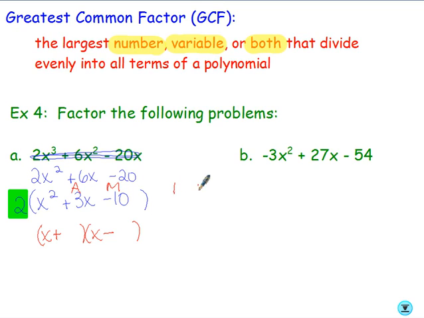Well, I have 1 and 10 and 2 and 5. And the bigger one is positive, so these little guys are negatives. Which one of these pairs adds up to give you a positive 3? Well, that would be this pair. So I'm going to insert those in the parentheses. Negative 2, positive 5.